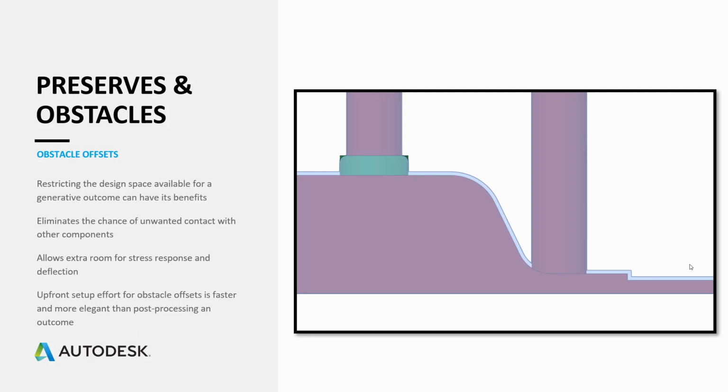Another one is obstacle offsets, and you saw this with the GE bracket that I had up on screen just a second ago. I'm not a big fan of that final operation in the generative design outcome, where there is a combine command that has to remove any remaining material or interference material that the generative part has made with the obstacles.